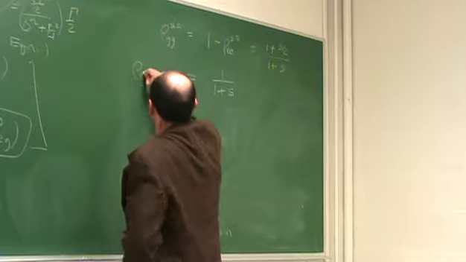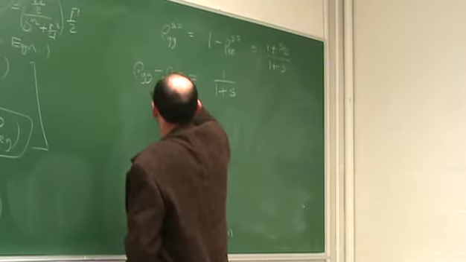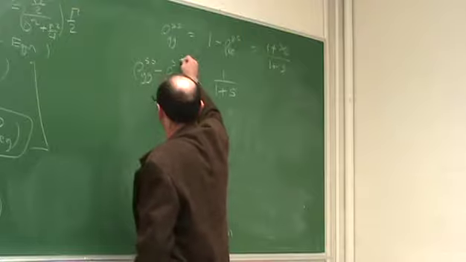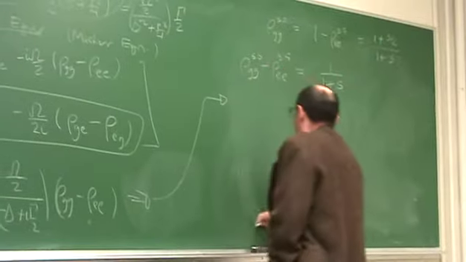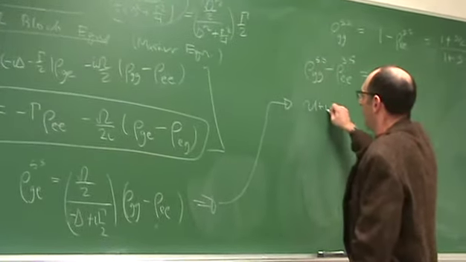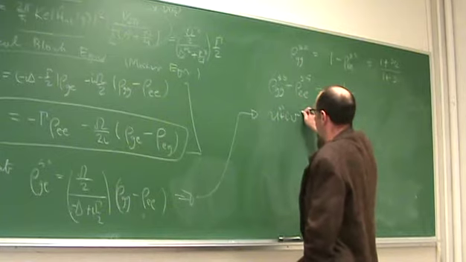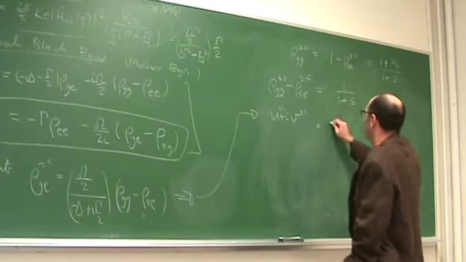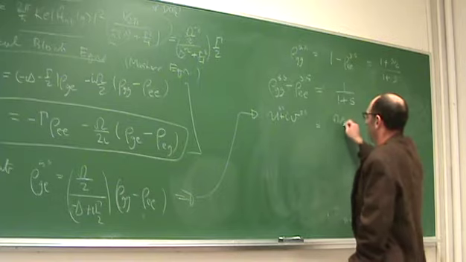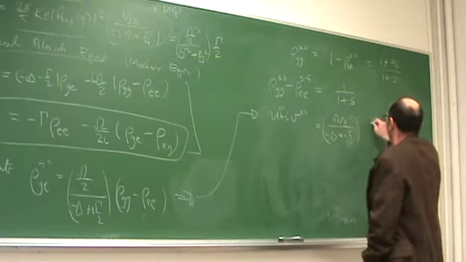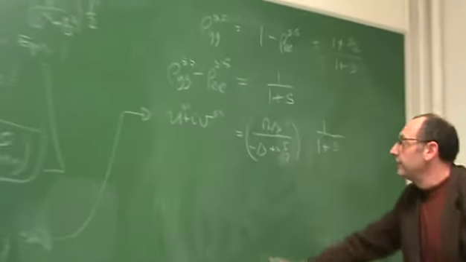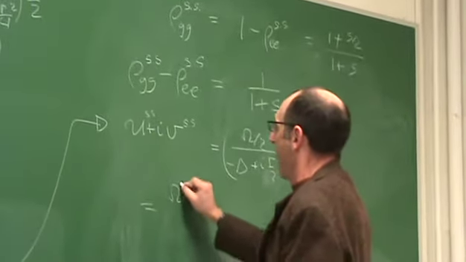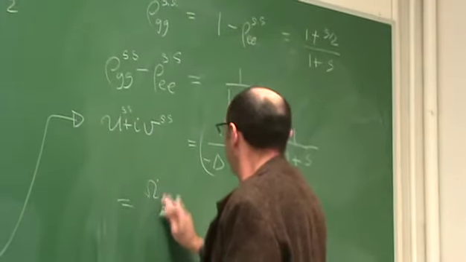The difference between the ground state and the excited state in steady state is 1 over 1 plus S. Plug that in over here, and we get U plus IV in steady state is equal to gamma over 2, 1 over 1 plus S, which is then equal to gamma over 2 times this.